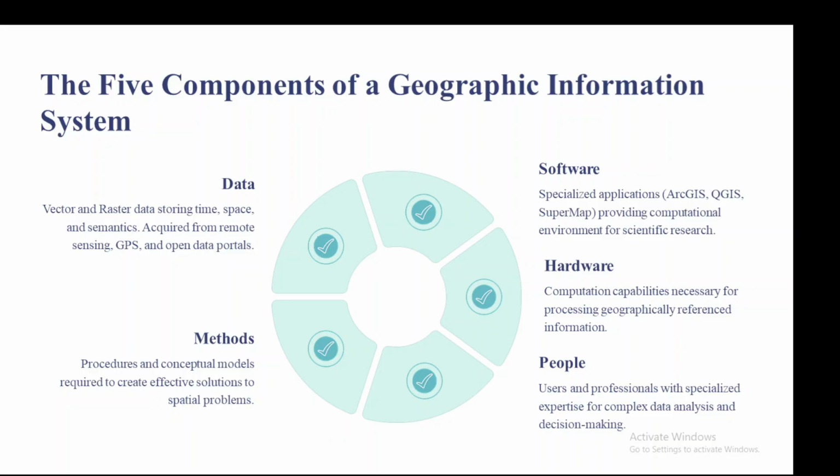We have to have a formulated methodology that we execute in this GIS software using the data that is available, along with us who are skilled to do this. And that is when we are able to come up with a structured way to convert this raw data into insights. So, definitely methods.